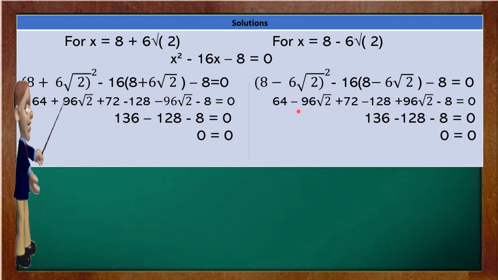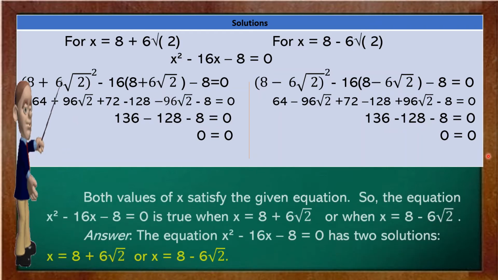And also these two, negative 96 square root of 2 and positive 96 square root of 2, become 0. So eliminated. Then 136 minus 128 minus 8 equals 0, becomes 0 is equal to 0. So this solution also satisfies our original equation.